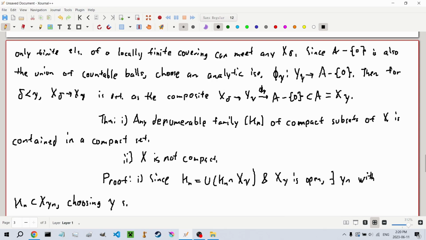Choosing a gamma such that gamma n is less than gamma for all n, we have that our k_n lies within x gamma, and x gamma is compact.